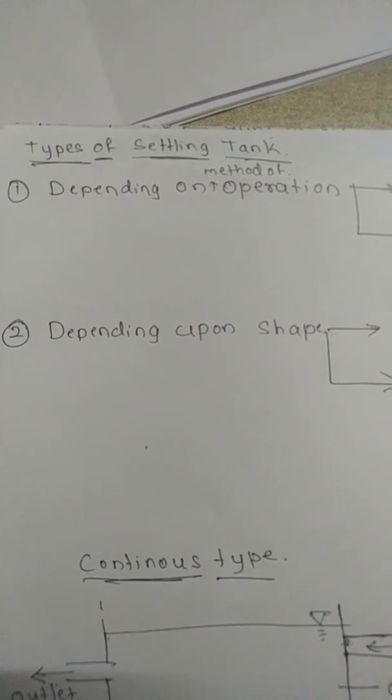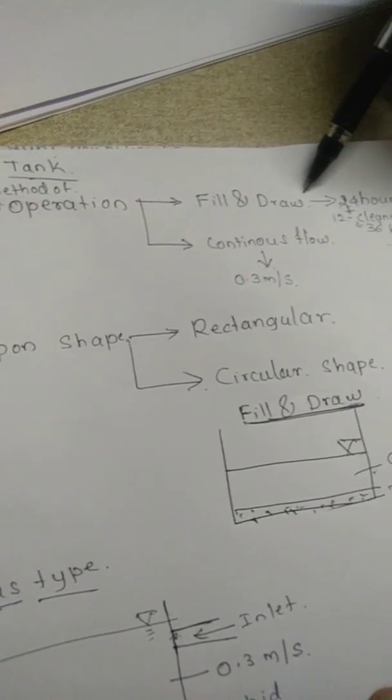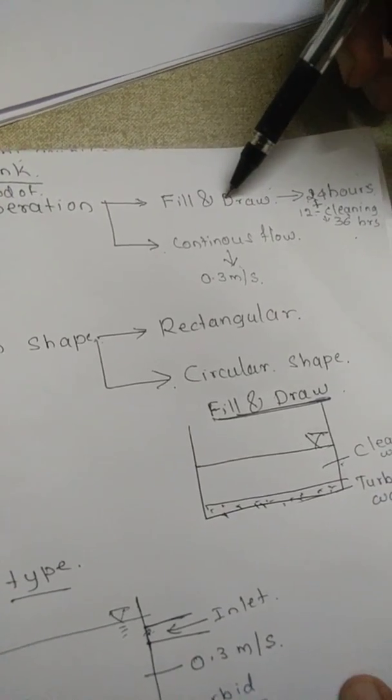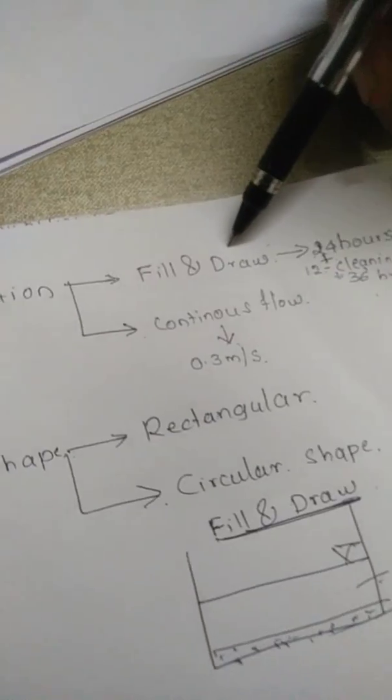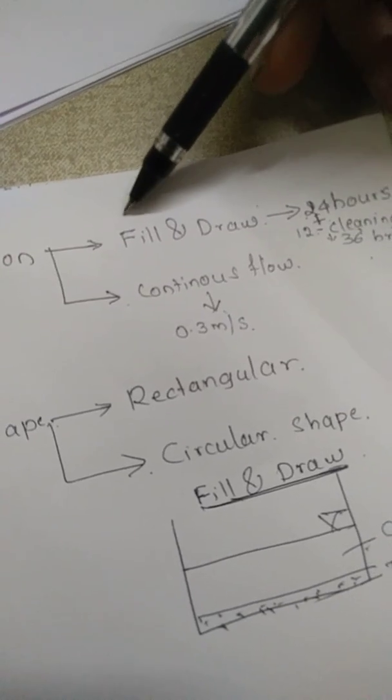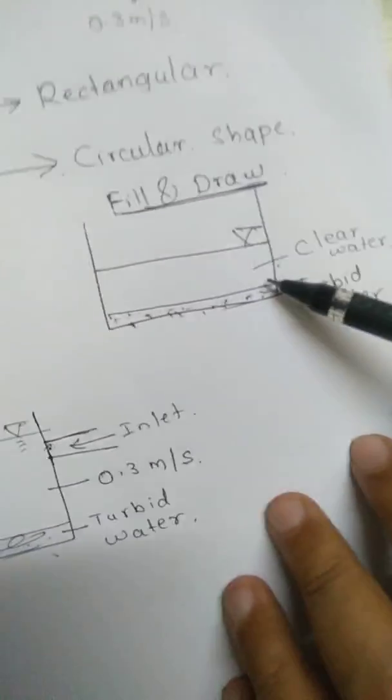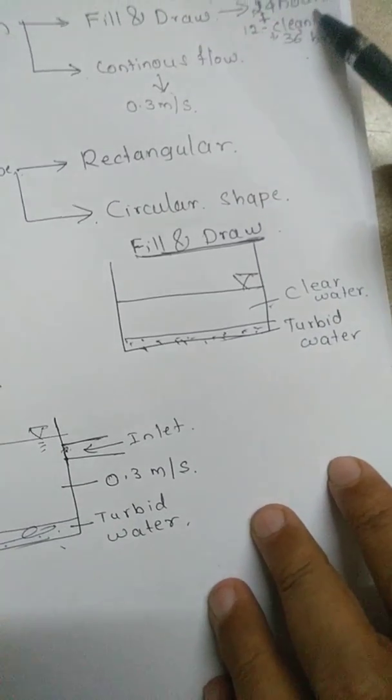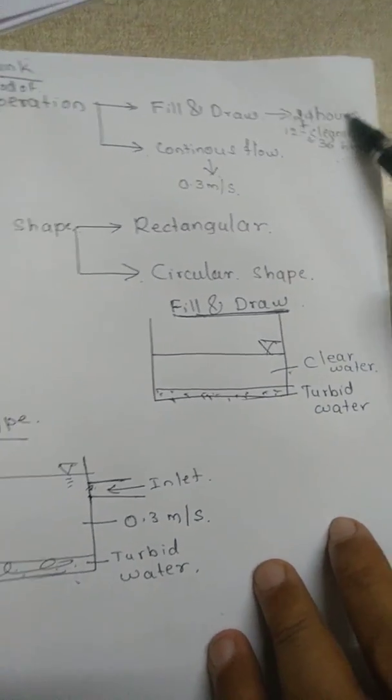Now in the fill and draw type of sedimentation tank, as the name suggests, filling is, we are going to fill the sedimentation tank with the water and store it for 24 hours.